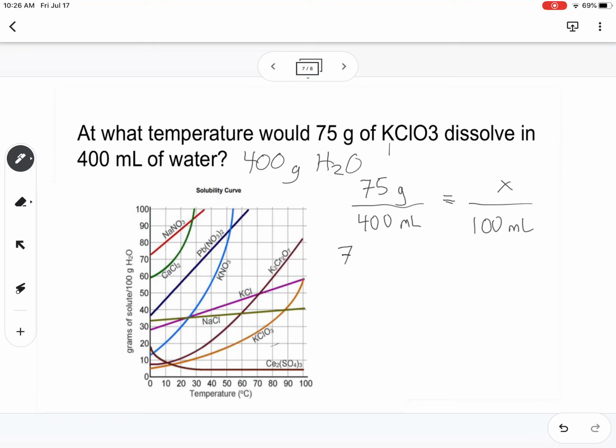We do that by multiplying both sides of our equation by 100 milliliters. And we do that because on the right side of the equation, the 100 milliliters in the numerator and 100 milliliters in the denominator will cancel out, because anything divided by itself equals 1, and 1x is the same as saying x.